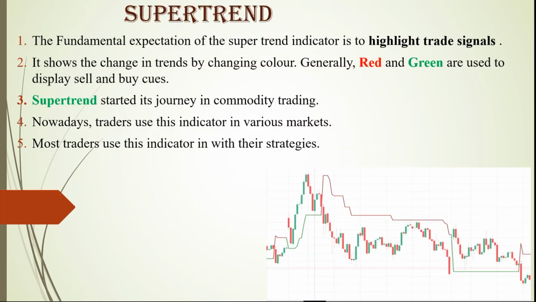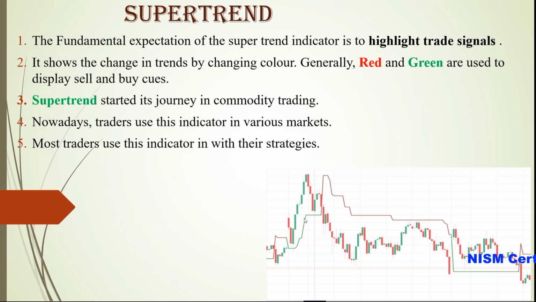So what are the other characteristics of the Super Trend? The fundamental expectation of the Super Trend indicator is to highlight the trade signal. So we can understand whether the overall trend is bullish or bearish, based on the time frame which we are looking into. If you change the time frame to 3 minutes as an intraday trade, or 1 minute, 5 minutes, we will be using different time frames, right? It shows the change in trends by changing the color.